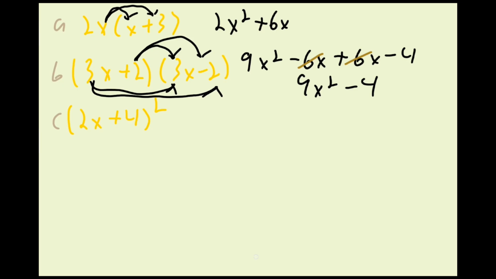Now for C, 2x plus 4 squared, we're actually going to expand it. There's a common problem that some students have where they try to take the square of 4, 16, and they try to do the square of 2x. That's not how it works. You're going to have to expand it into 2x plus 4, and then 2x plus 4.